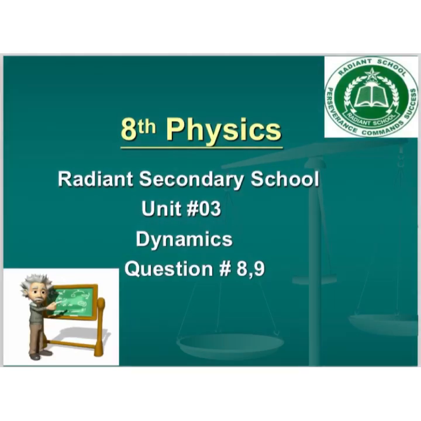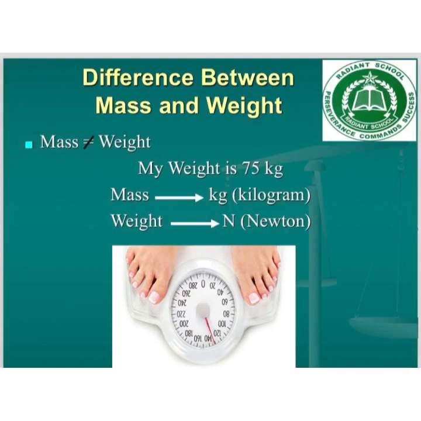Firstly, we discuss the difference between mass and weight. Students, usually there is a misconception that mass and weight are the same quantity. But mass and weight are not the same thing. There is a difference between them. For example, when someone asks you, what is your weight?